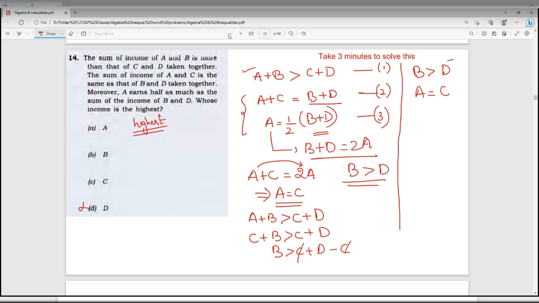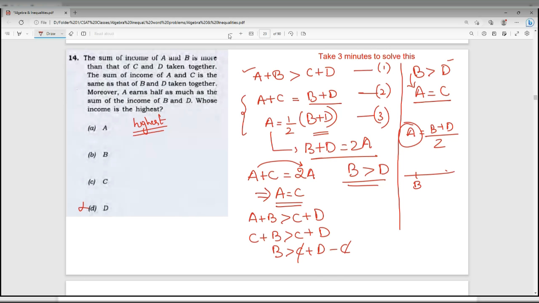We can eliminate D. A and C are equal, but we don't know the relation between A and B. But we have been given that A is equal to (B plus D) by 2. So A is nothing but the average of B and D, which means A lies between B and D.